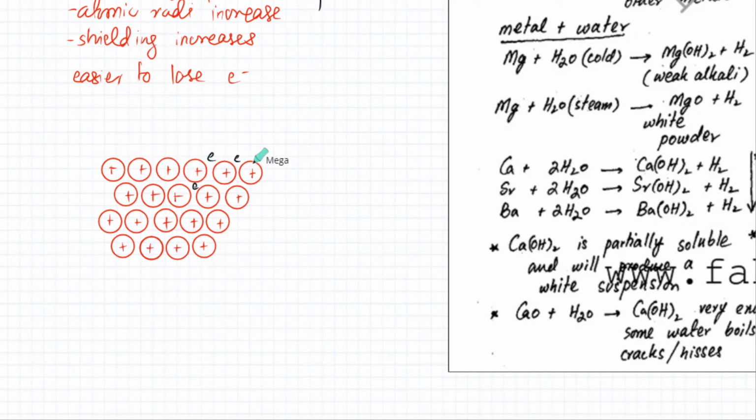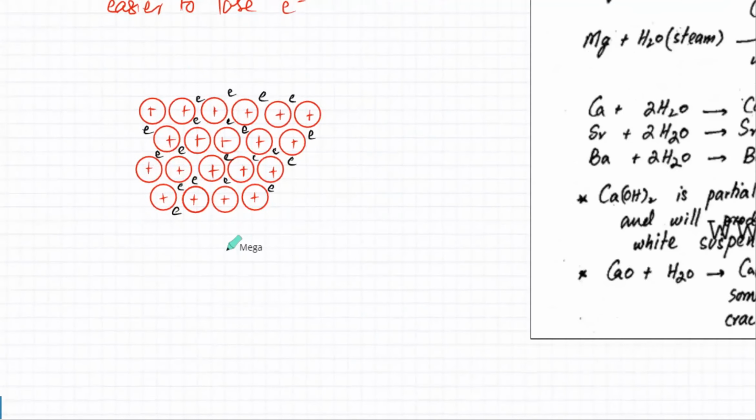They're all present somewhere in the middle. So you've got all these delocalized electrons. This is known as a giant metallic lattice.